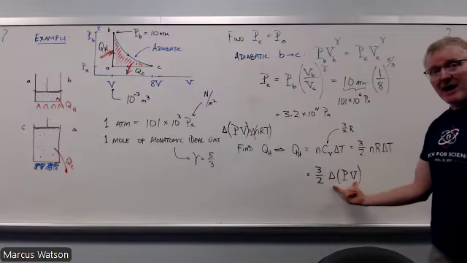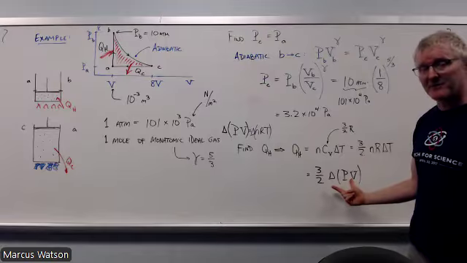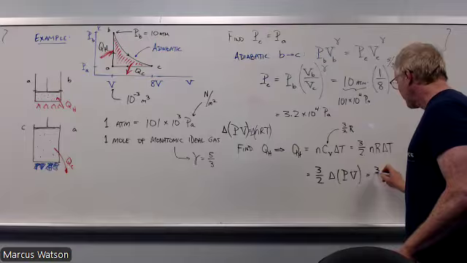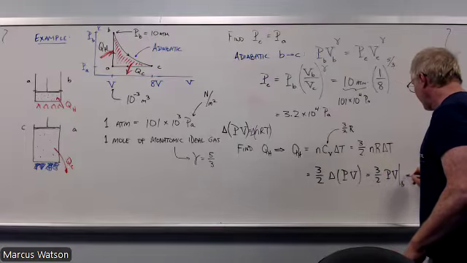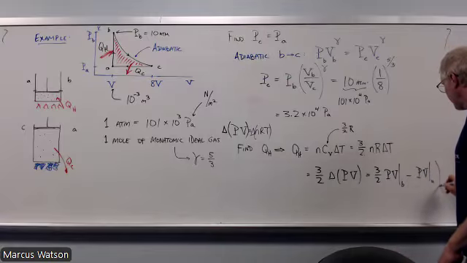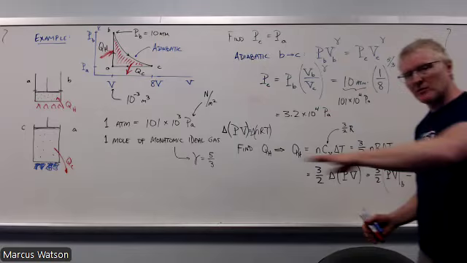All I have to do now is take P and V at point B and subtract it from P times V at point A. Multiply that thing by 3/2, and we're rolling.